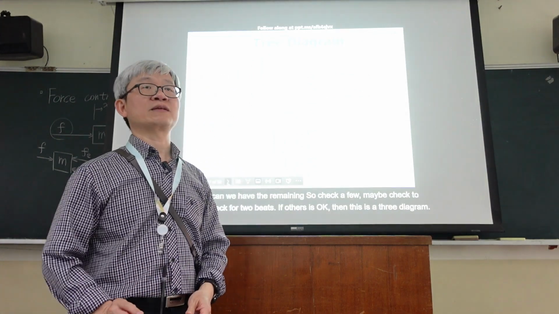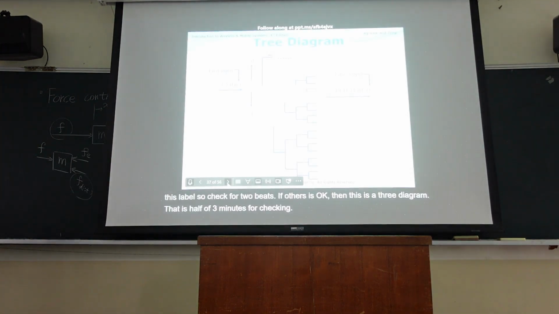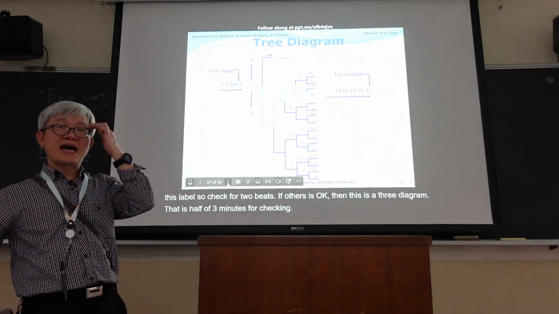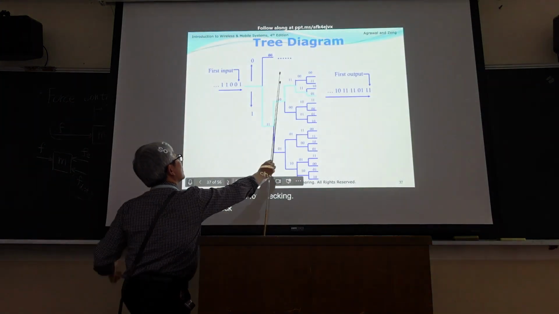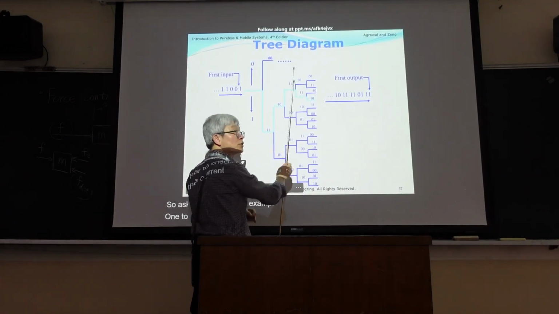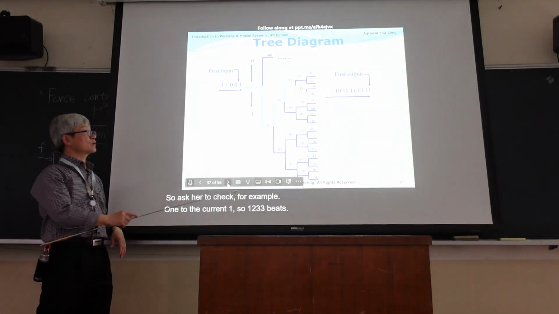Now you have 3 minutes for checking. I ask you to check example 1 to the curve 1. So 1, 2, 3, 3 bits. Check 3 bits, can you have the corresponding results?